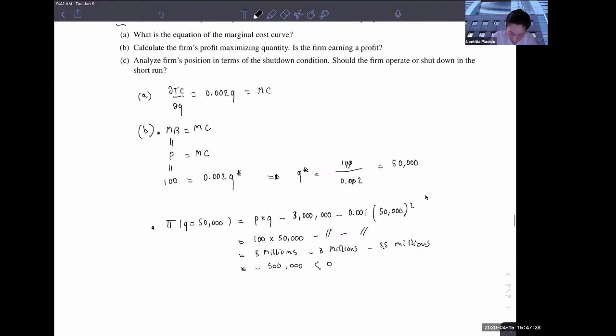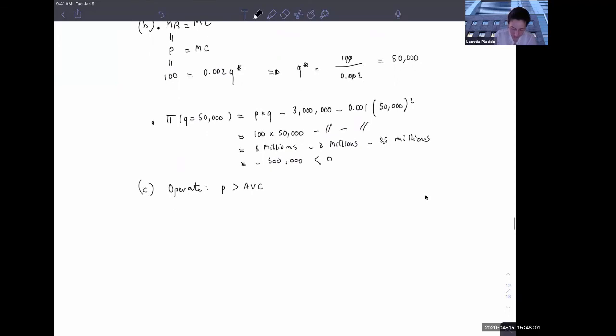So question C, analyze the firm's position in terms of shutdown condition. Should the firm operate or shut down in the short run? Okay, so we know that the firm should operate in the short run if the price is higher than the average variable cost.